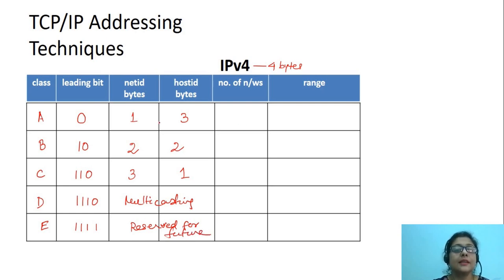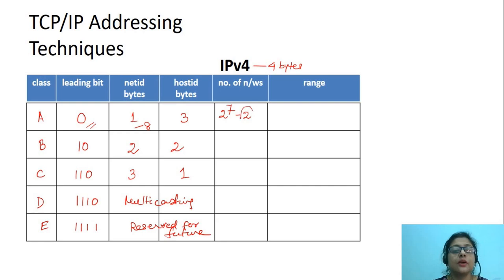Let us understand the number of networks that is possible for Class A. For the net ID part, there is only 1 byte, so that means 8 bits. Out of the 8 bits, 1 is the leading bit, so we are leaving this and we are left with 7 bits. So the number of networks will be 2 to the power 7 minus 2.